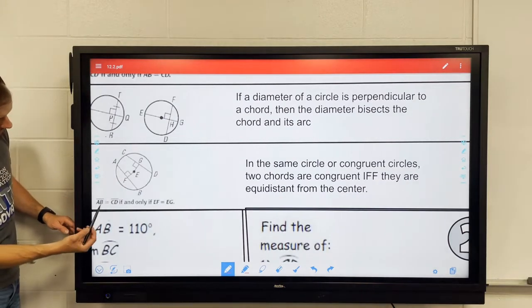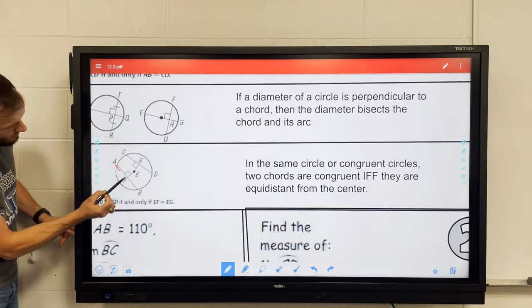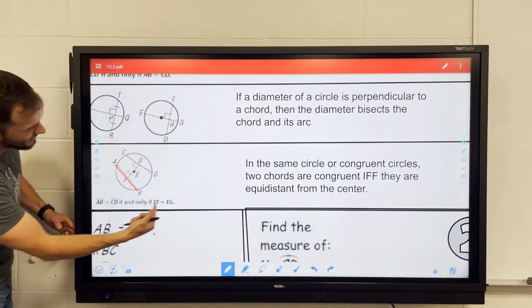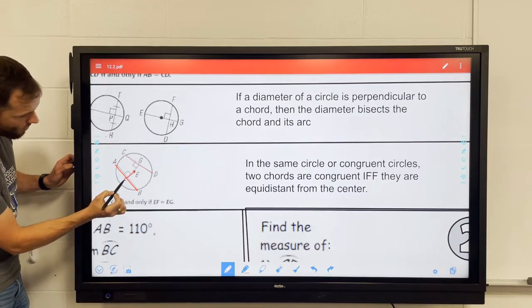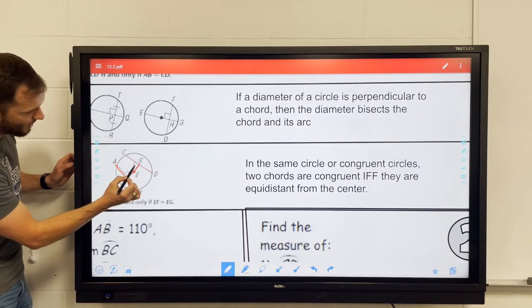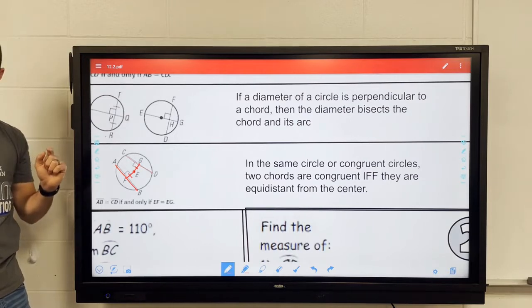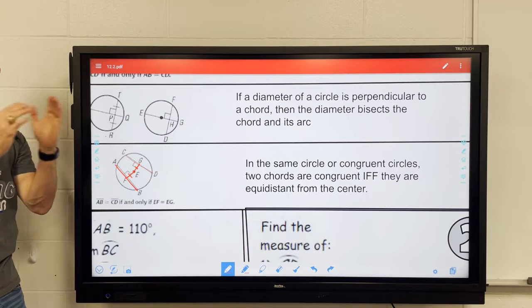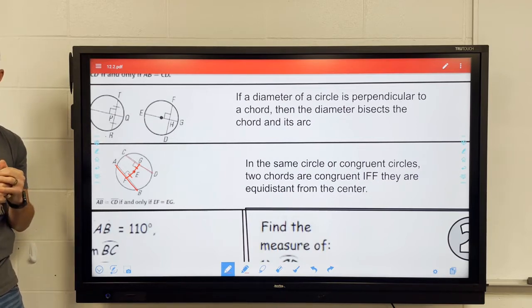Here it says AB is equal to CD if EF and EG are equal. If you look from the center to the side of my chord, and those distances are congruent, then my chords are congruent. And the same thing works the other way. If the chords are congruent, then the distance from the center to the chord is also congruent. Does everybody understand that? Okay?